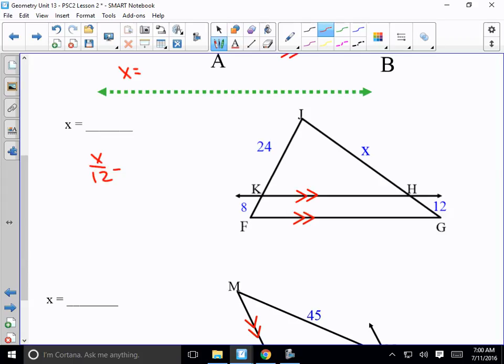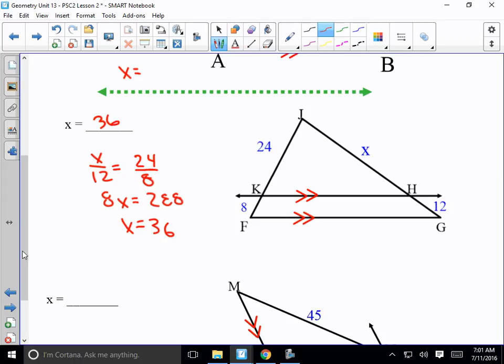X over 12, top over bottom on the right side. I have to make sure that I go top over bottom on the left side as well. So we've got 8x equals 12 times 24, 288. 288 divided by 8 gives us an x of 36.